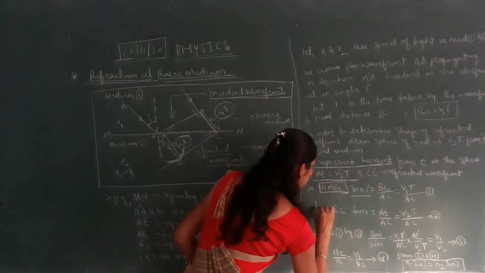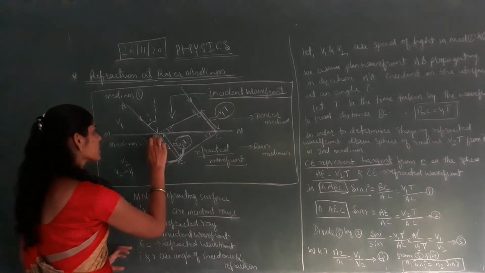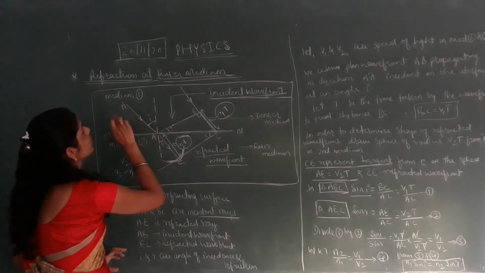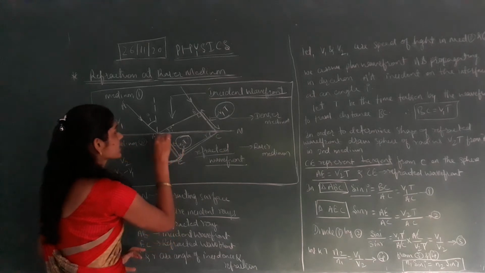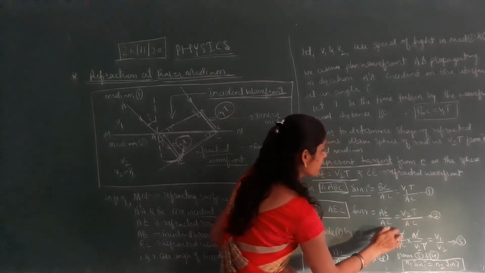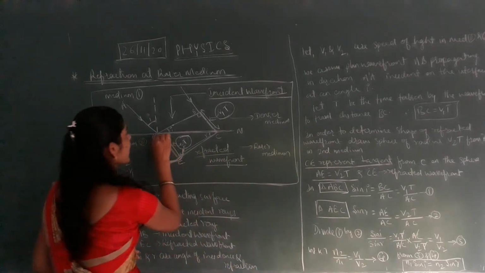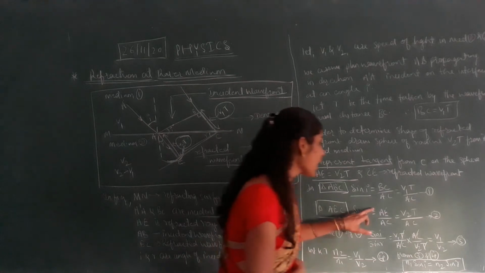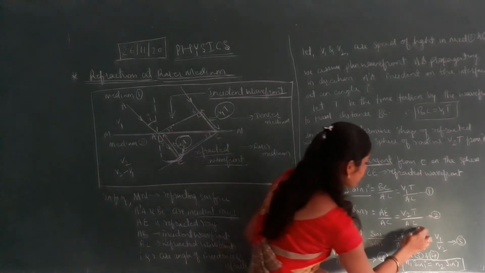In the triangle AEC, sin R is AE divided by AC, where AE is V2 into T, and AC is kept as it is.